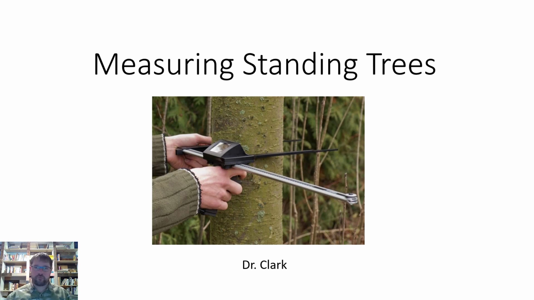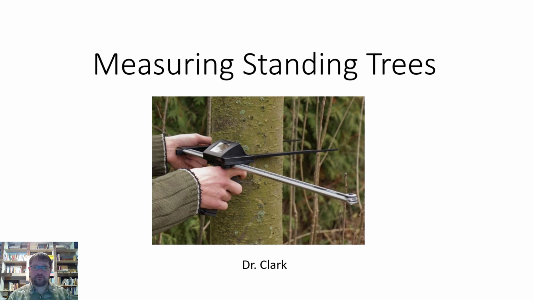And then you just work your way, and maybe you're checking a bunch of trees in a given region, and then you're going to go check a different side of the mountain or a different side of a hill or ravine or something like that to see what the DBHs over there are and how that corresponds.